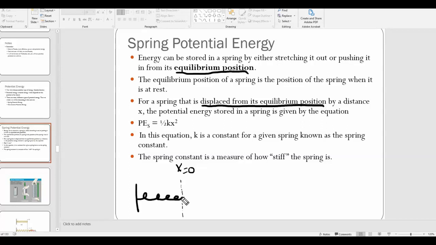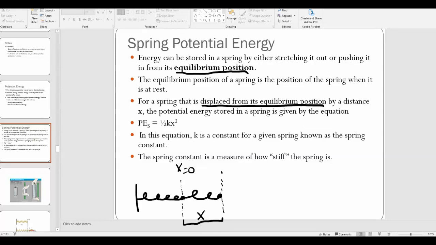Let's say I take this end here and I literally yank on the spring and stretch it out from its equilibrium position. Now there is a distance of separation between equilibrium and the new position of the spring. And that is what we call x.